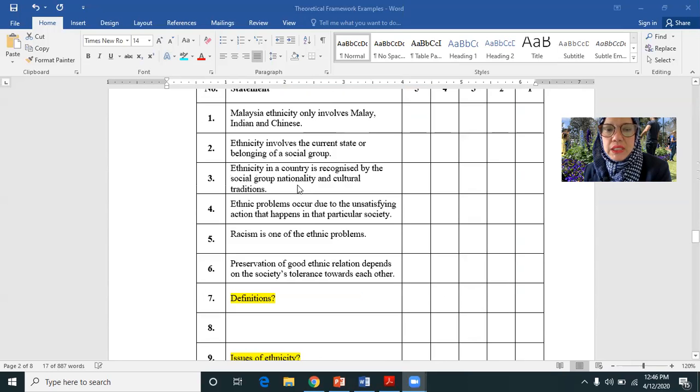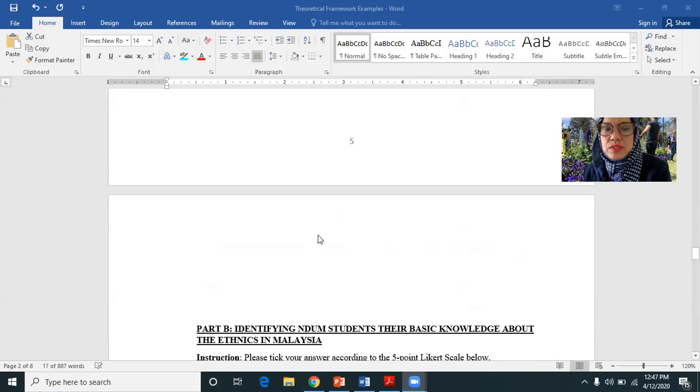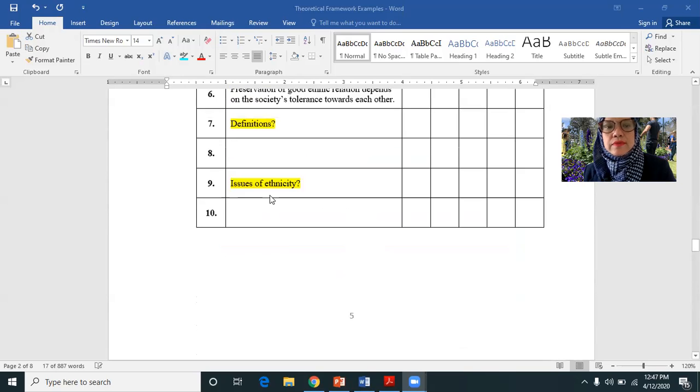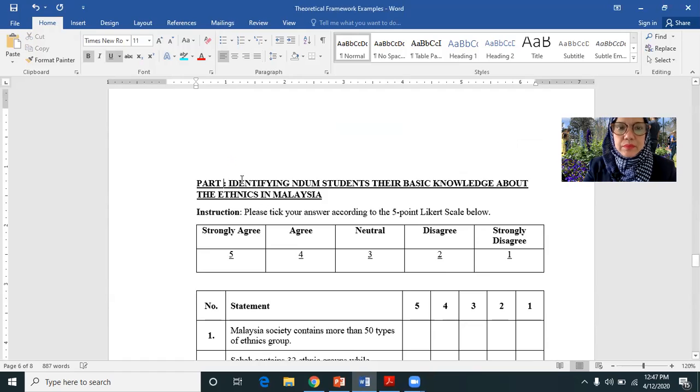Part B, I have asked him to add more questions on definitions and on issues, and also that's part B. So this is supposed to be part C, right? Let me just correct that.